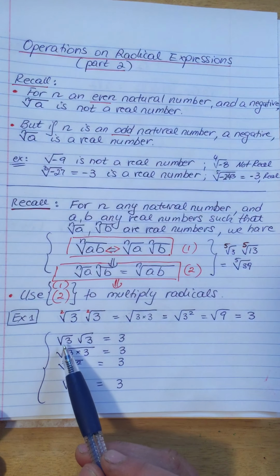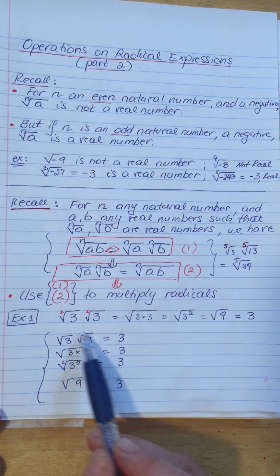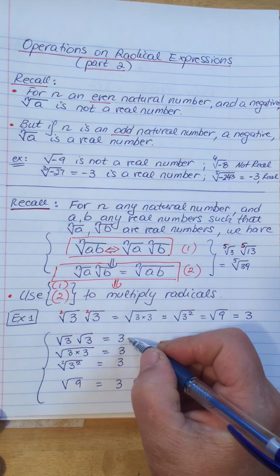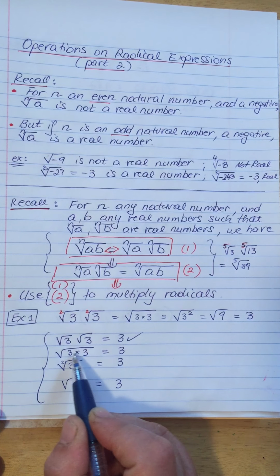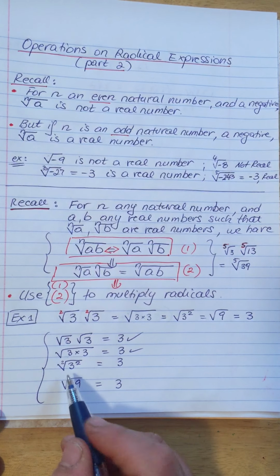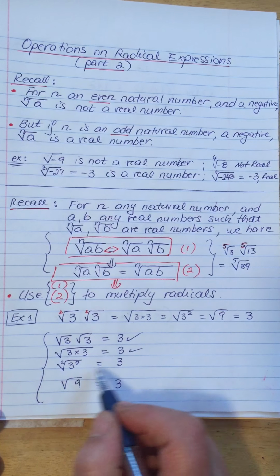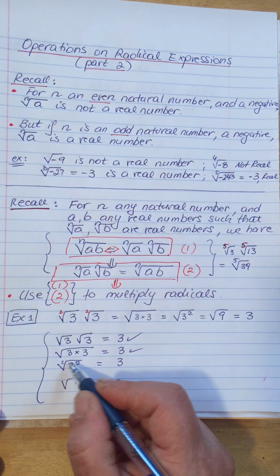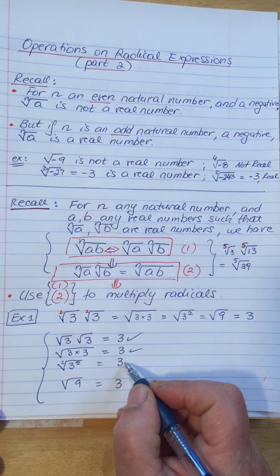So again, the square root of 3 times the square root of 3, exactly the same radical multiplying itself, you just write the radicand, 3. If you have a product of a number multiplying itself, this is 3. If you have a square and the index is the same as the exponent of the radicand, then the base comes outside.